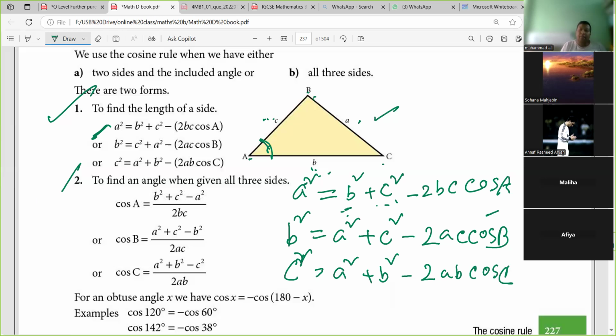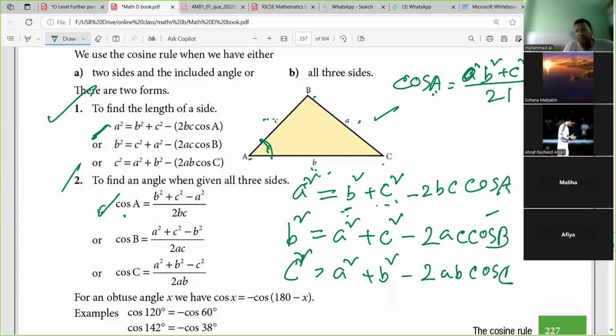You can make the angle the subject also, like cos A equals B squared plus C squared minus A squared divided by 2BC. For whichever angle you want to find, that opposite side will be subtracted.